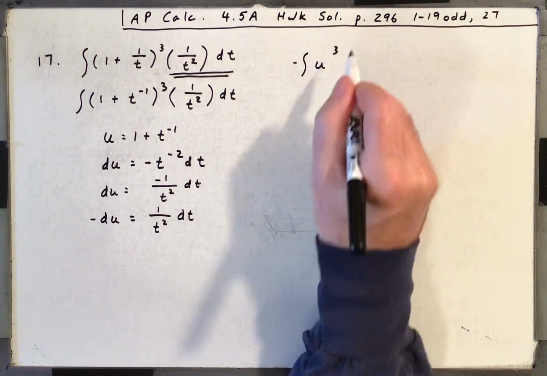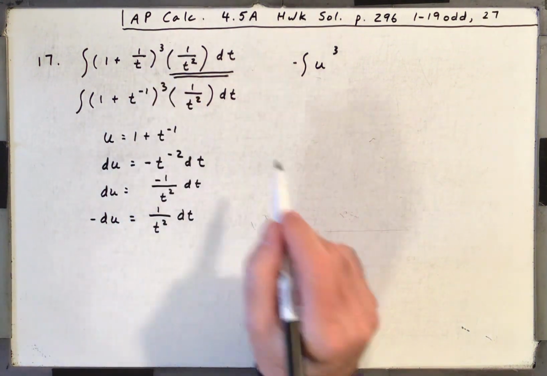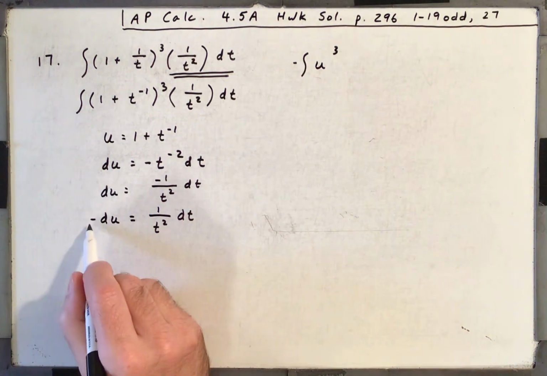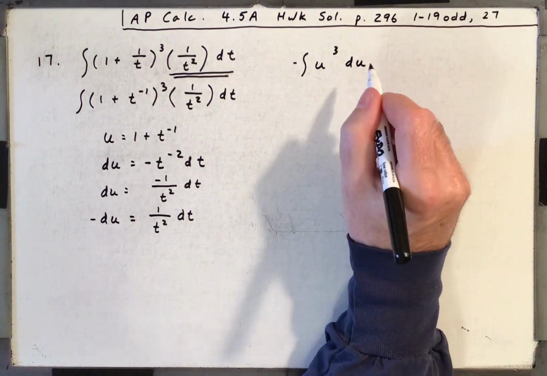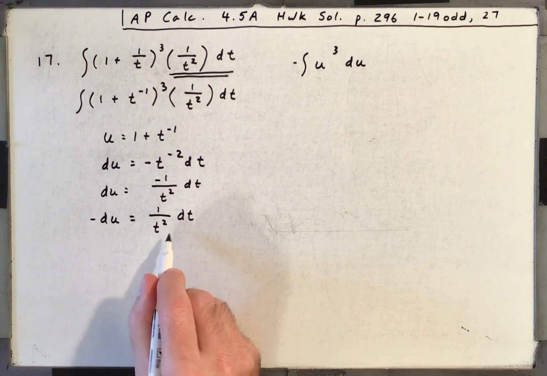In that right there, u cubed, remember u is 1 plus 1 over t, so that's right there, u cubed, times, you got the negative out front right there, times du. Because this part is du.